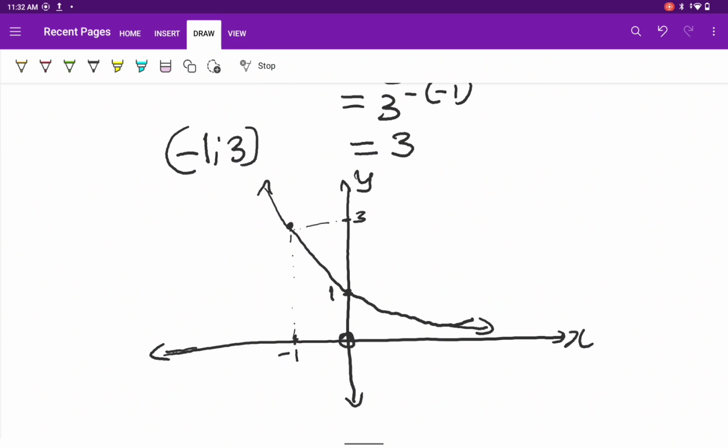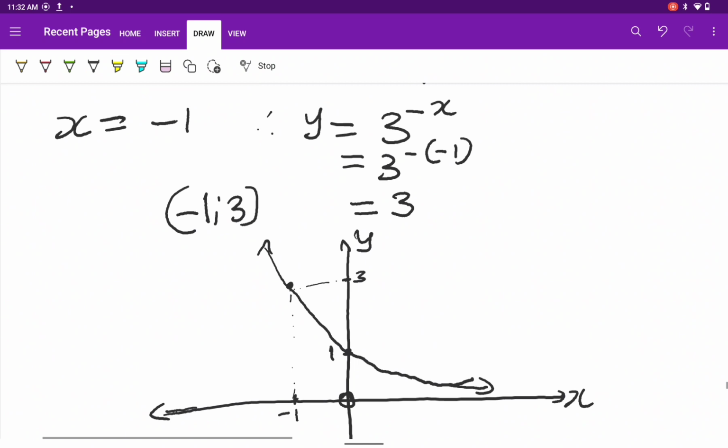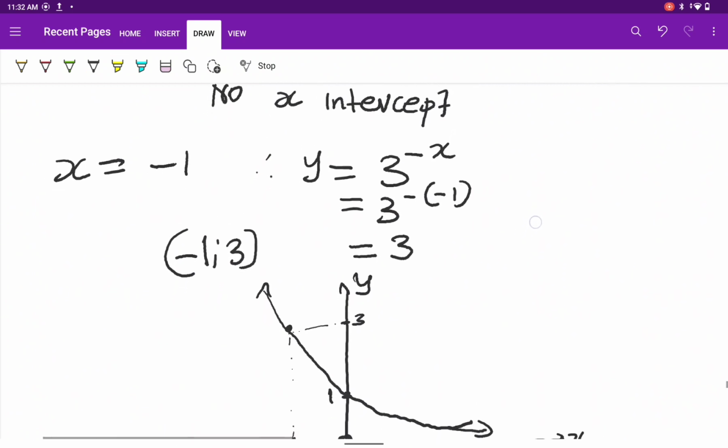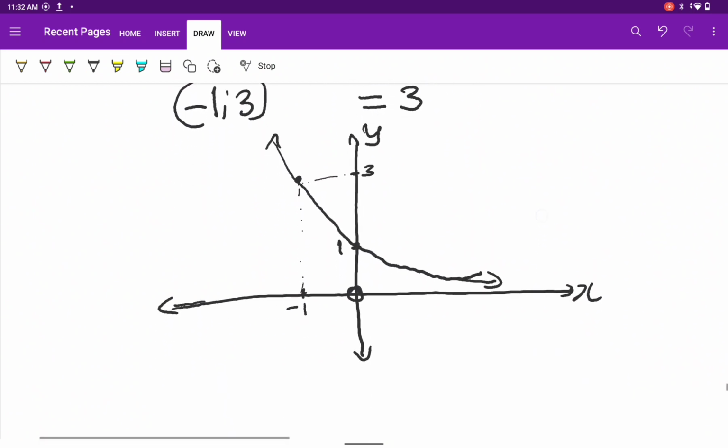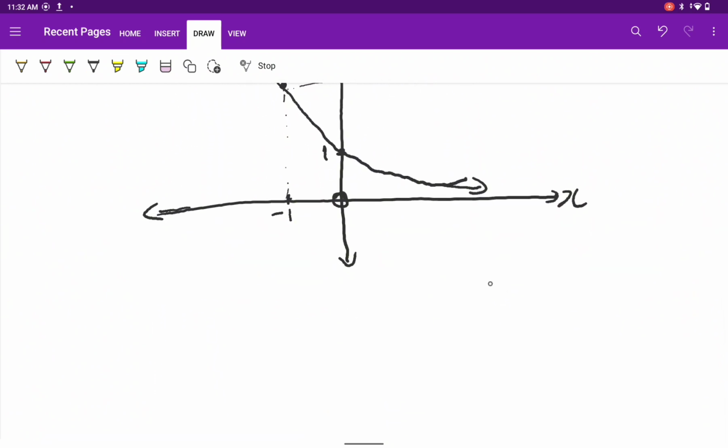But then as we look at this graph, we realize that the value of b is actually between 0 and 1. So how do we see that? We have 3 to the power -x.